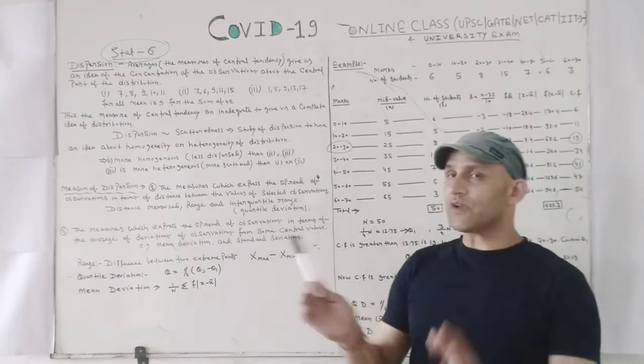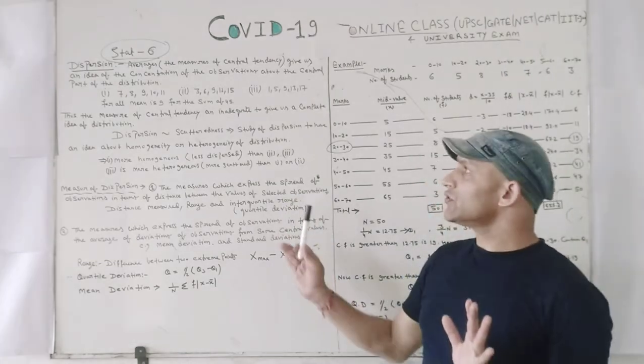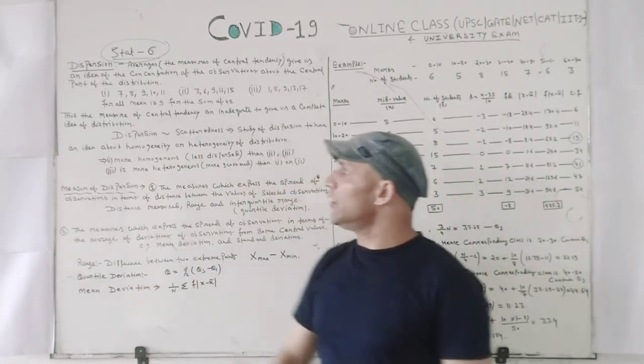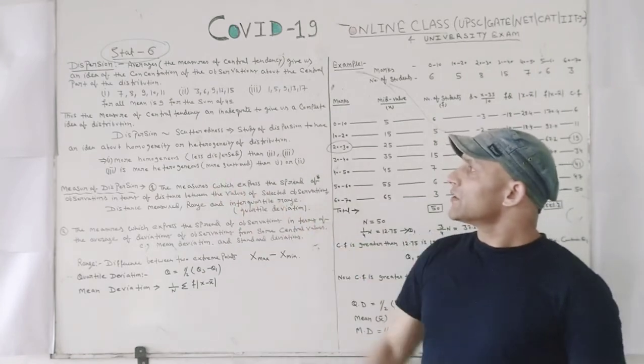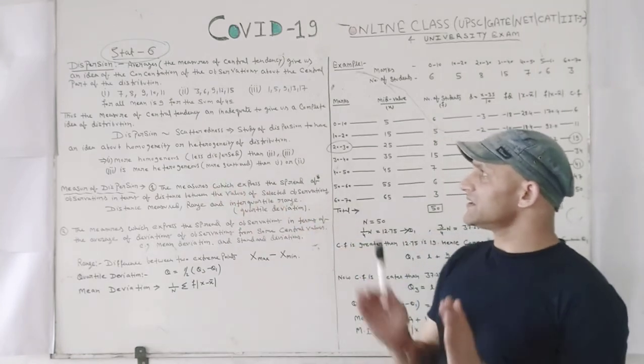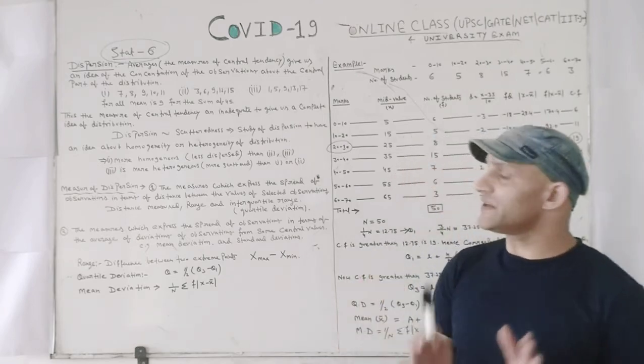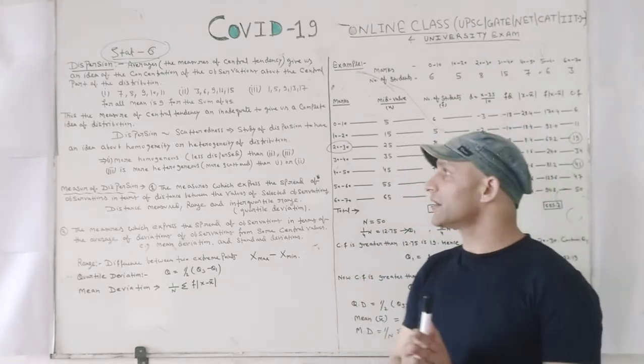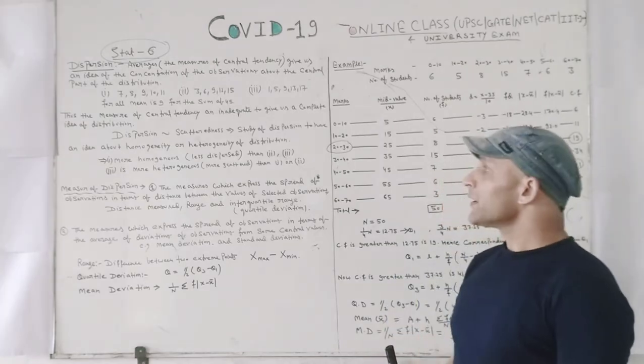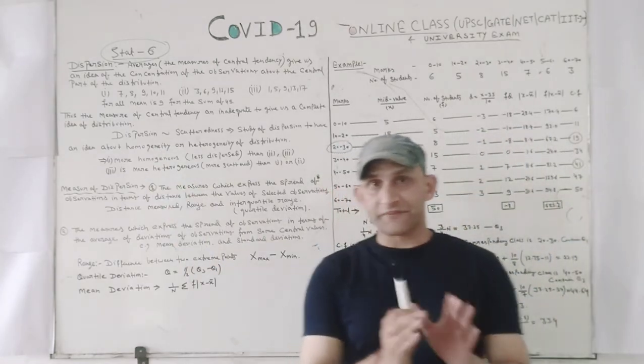So in this condition we are not getting any conclusion. Thus the measures of central tendency are inadequate to give us a complete idea of the distribution, okay.